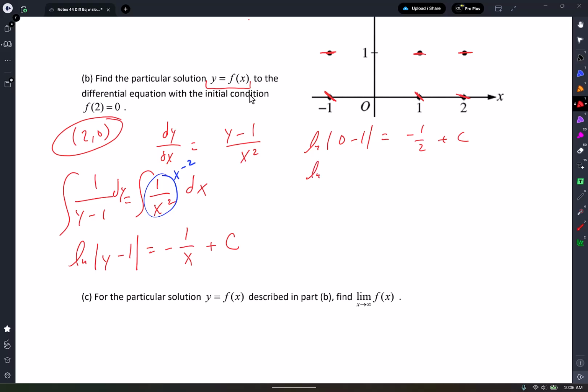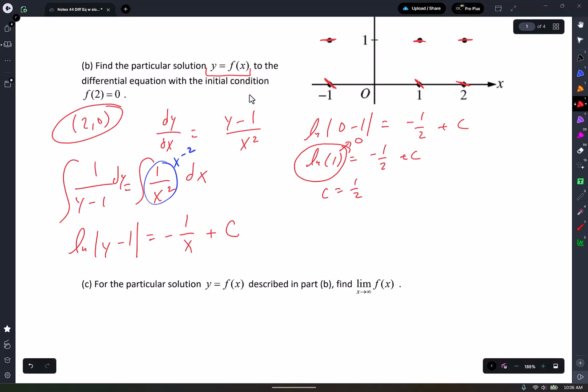The absolute value of negative 1 is 1, and the ln of 1 is 0. So your c is 1/2 when I move the negative half to the other side. Are we still okay? All right, so I'm going to write ln absolute value y minus 1, close it, equals negative 1 over x plus half.